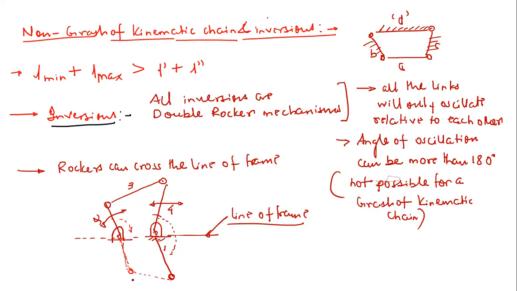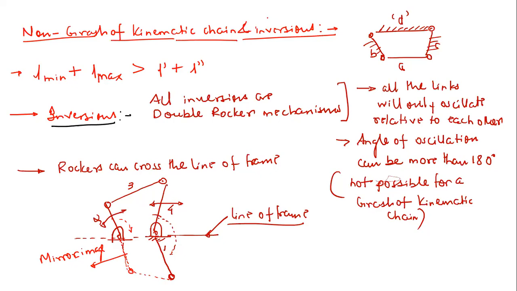Now, this new position is just a mirror image of the previous position. So now the two configurations, above and below the line of frame, are similar in arrangement; they are mirror images of each other.